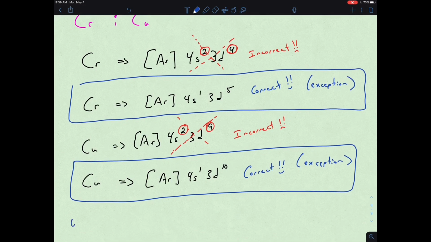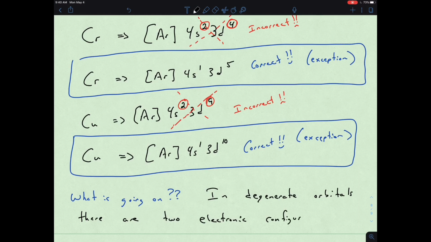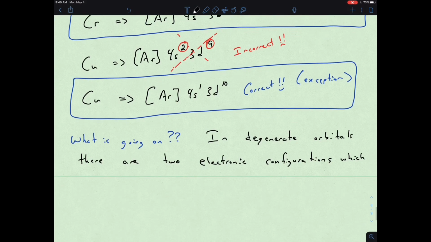So we could ask the question, what is going on? In degenerate orbitals, there are two electronic configurations which are more stable than the others.